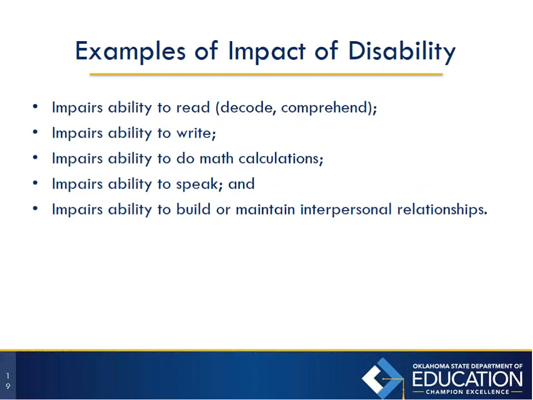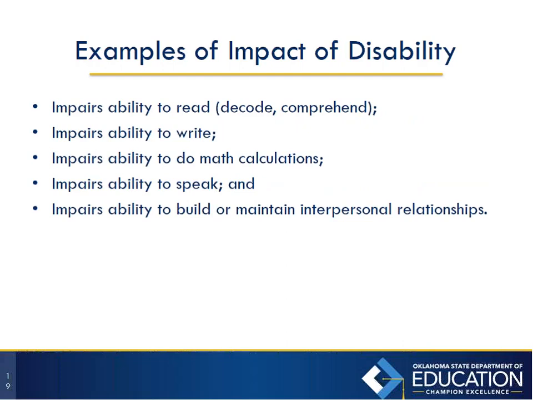Examples of a student's disability impacting their performance in their classroom may be an inability or impaired ability to read, including decoding, comprehension, fluency, maybe even a limitation with writing ability, math calculations, speech deficits, impediments, or even the ability to build or maintain interpersonal relationships.